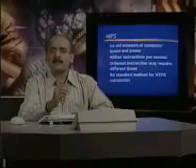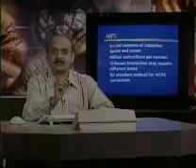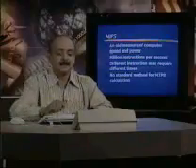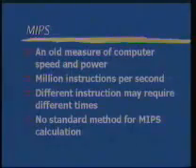Why this particular measure is not a very good measure is that with different processors, the time required for a particular instruction may be different, or even in the same processor, different instructions may take different amounts of time for execution. So how can you define a common measure for all those instructions? That is what the fourth point in the slide says: there is no standard method for MIPS calculations.